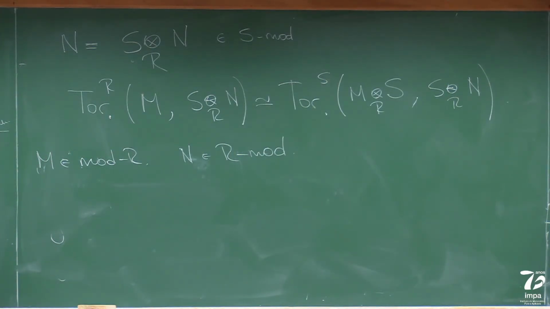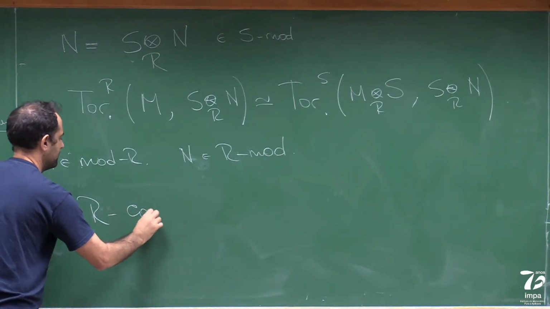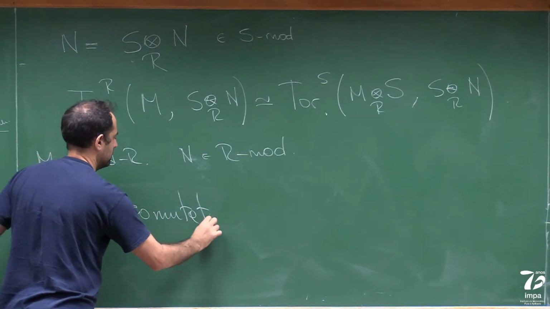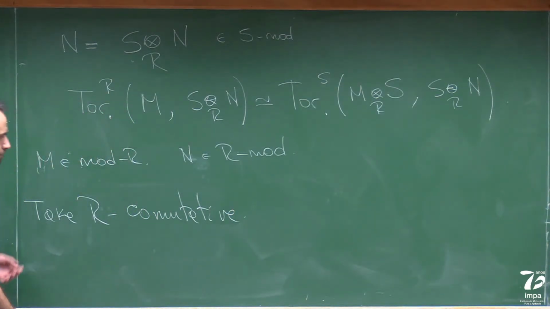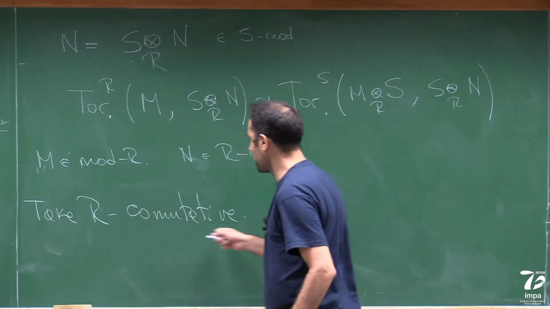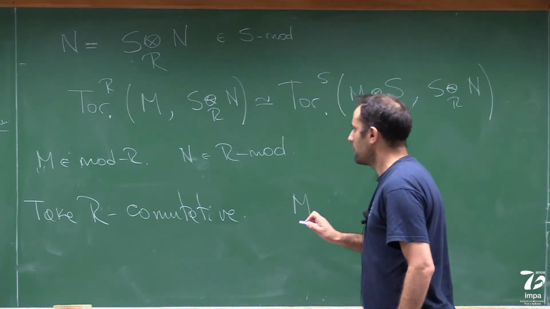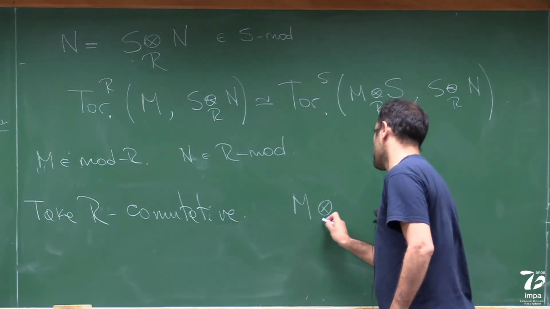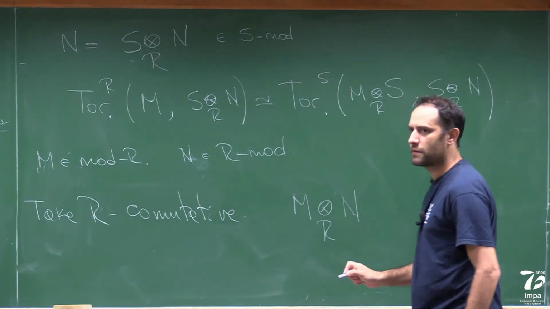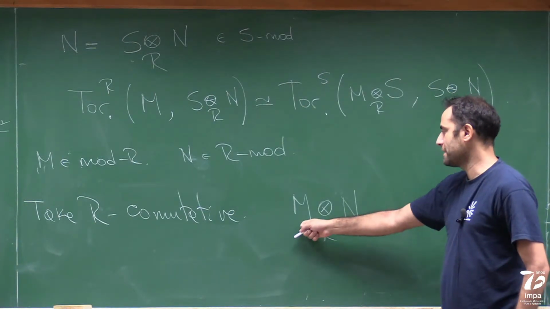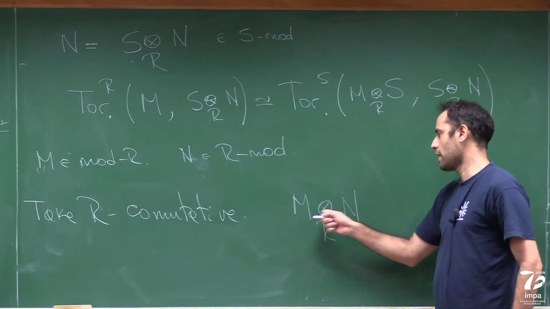Okay. So now let's take R to be commutative. There's a big difference on Tor for commutative rings. This guy is just an abelian group when M is a right module and N is a left module.